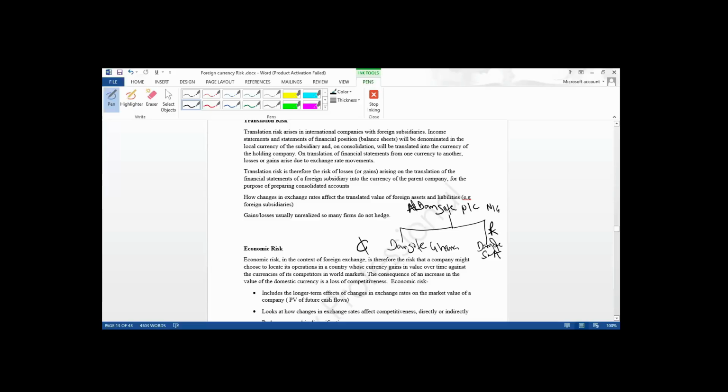Multinationals are highly exposed to economic risk.